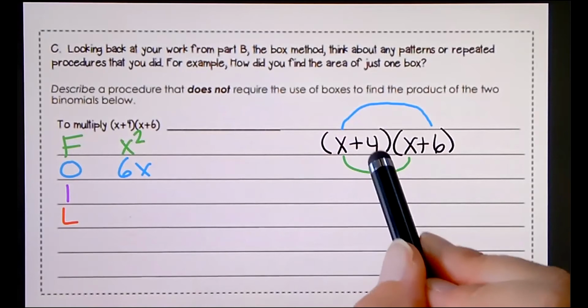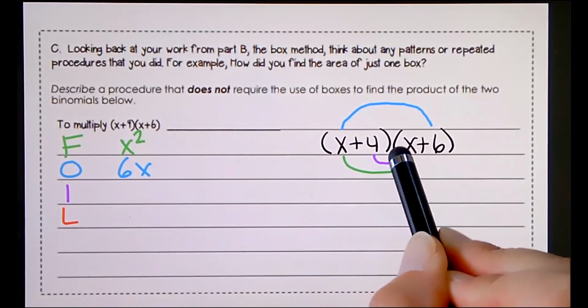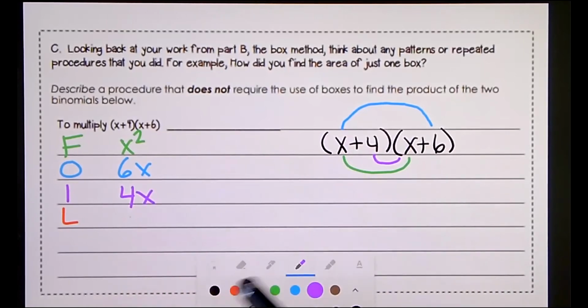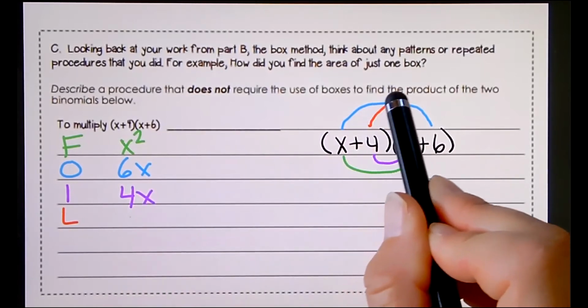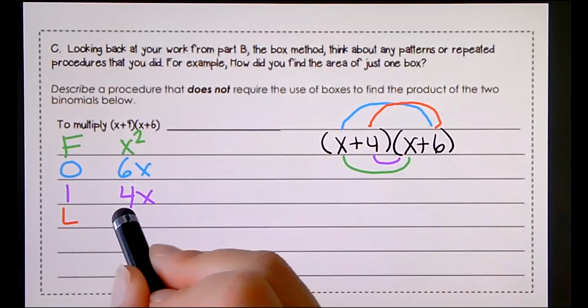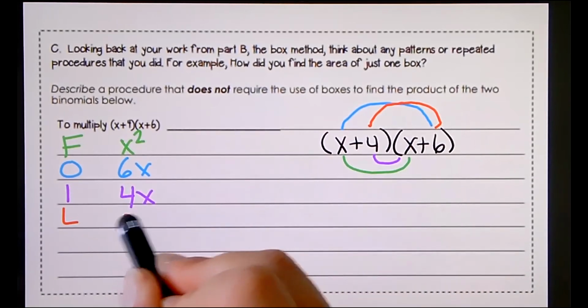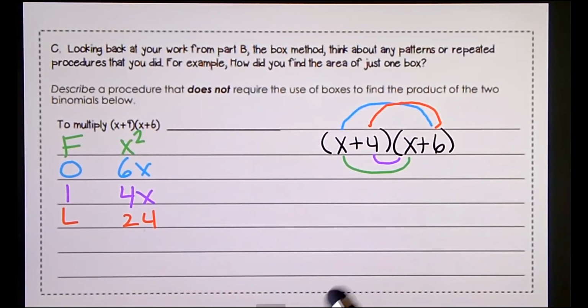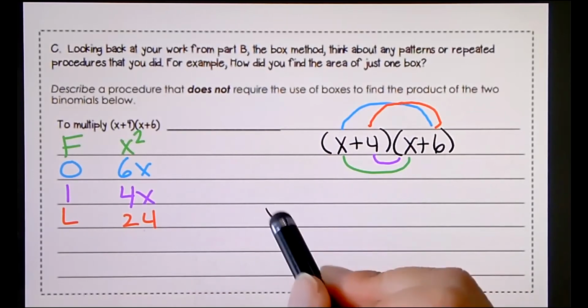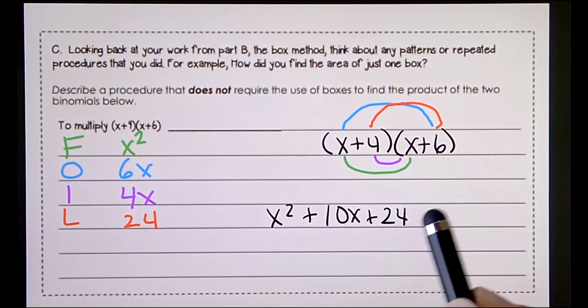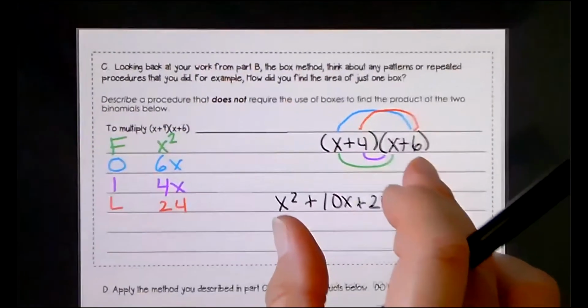My inner, the ones on the inside of my parentheses, 4 times x, which is 4x. And my last, the ones at the end, so that's 4 times 6, which is 24. And then when I'm adding this up together, this is going to be x squared plus 10x plus 24. So again, that is FOIL.